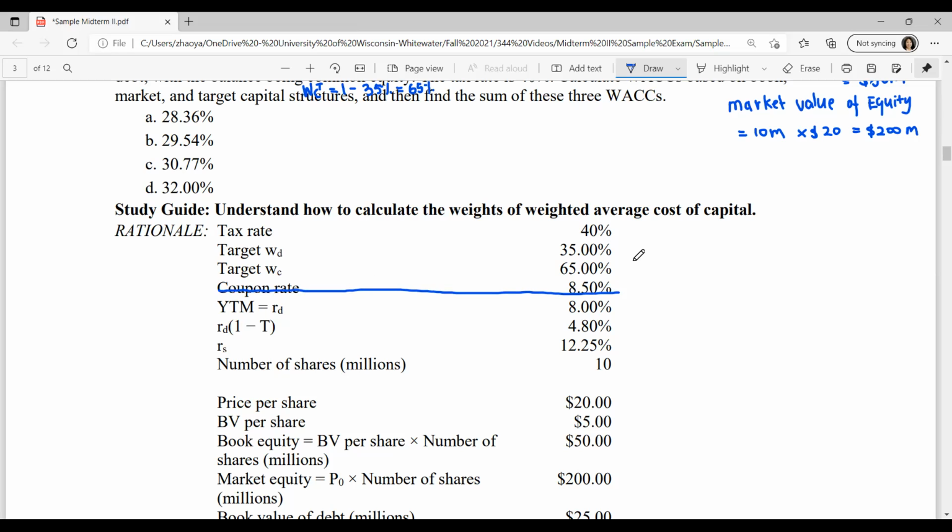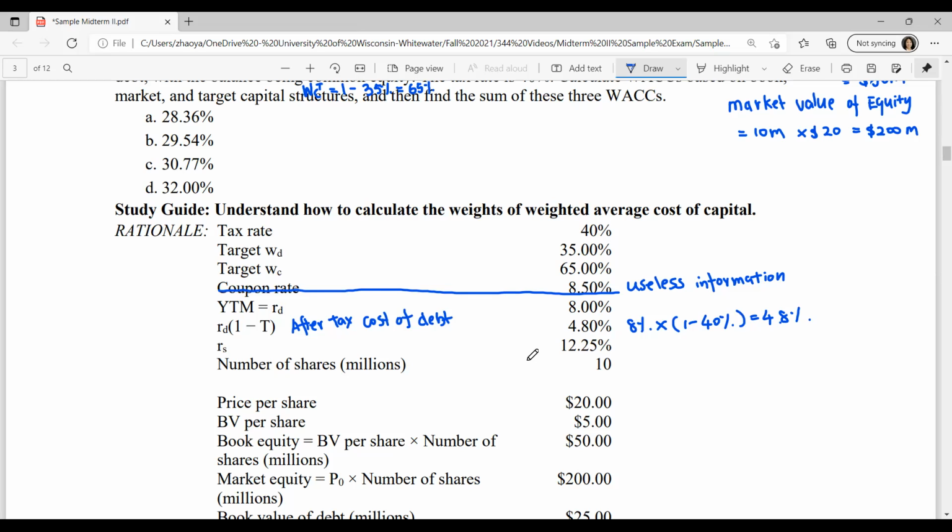This is useless information. Yield to maturity is RD in WACC. RD times 1 minus T, that's after-tax cost of debt. It's 8% times 1 minus 40% equals 4.8%. And RS is given, it is 12.25%.